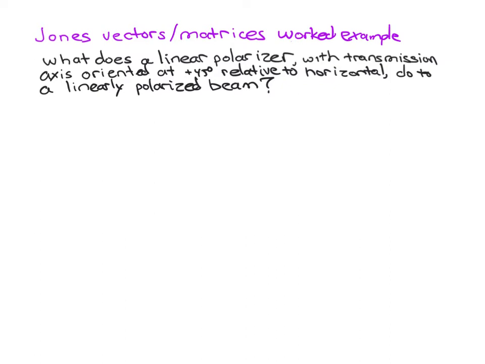So the basic idea is that there are these things called Jones vectors, normalized vectors that represent the polarization state of a light beam. The components of the Jones vectors are in general complex numbers.